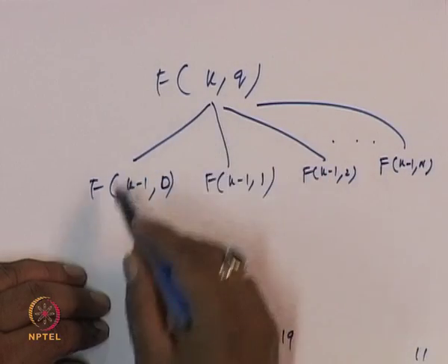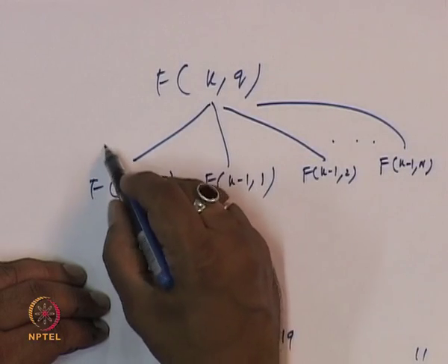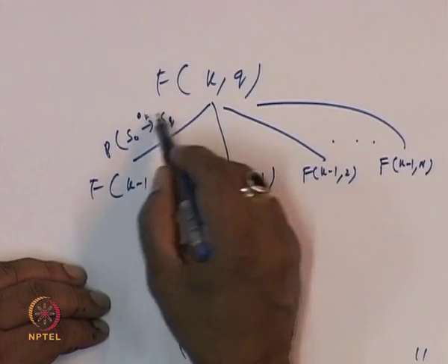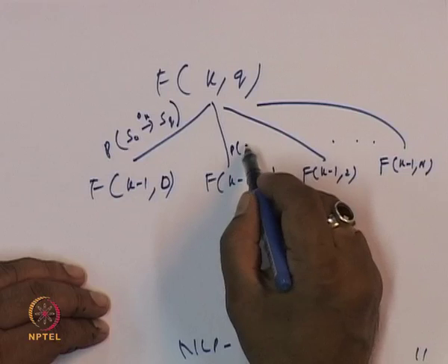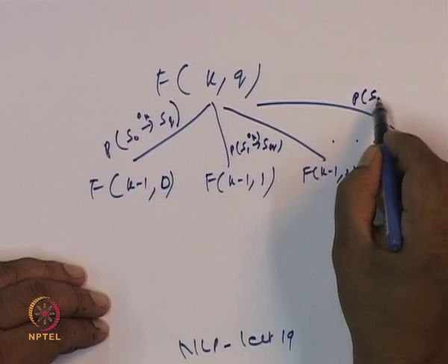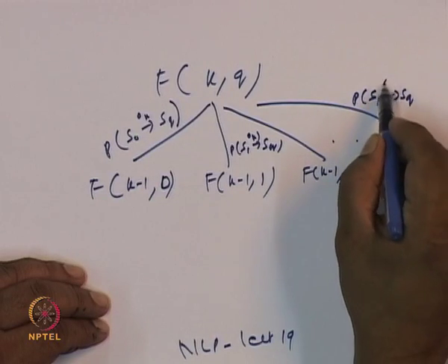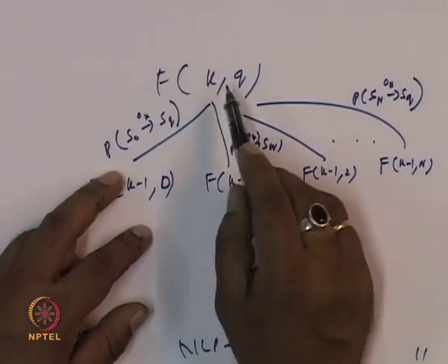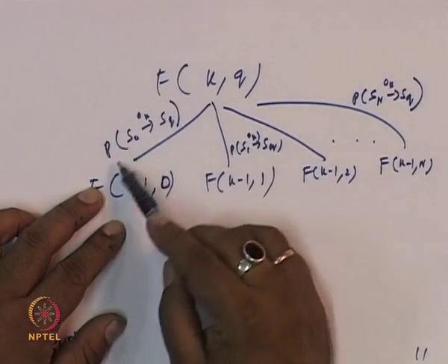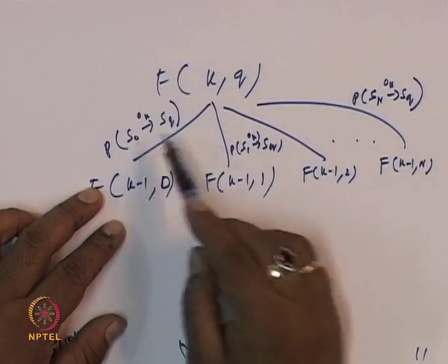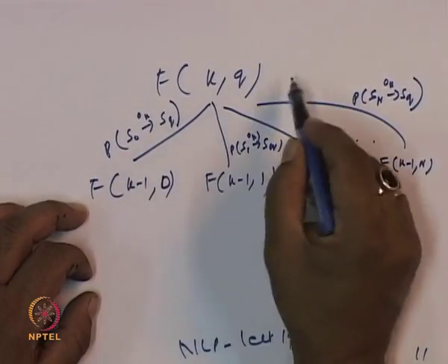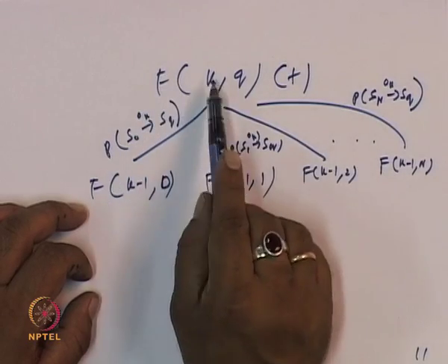And on these we have the probability S0 to SQ on OK, probability of S1 to SQ on OK, and probability of Sn to SQ on OK. So, how this will be computed is as follows. We get these f values, multiply them by the transition quantity here, and sum up all these products to finally obtain f k comma q.